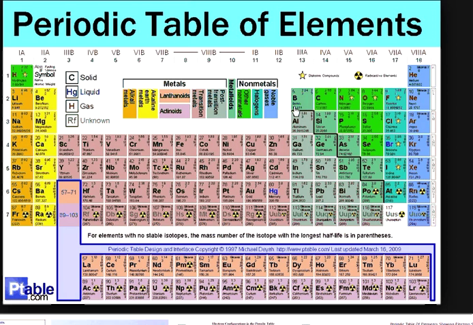Now, we're going to do it very simple here. What I'm going to have you do is just round this atomic weight. We're not going to talk about isotopes or anything right now. But if you round this off, like here's 12.0107, rounded to the nearest whole number would be 12. So we're going to say that the atomic weight of carbon, for one atom, would be 12. Now, remember we said that the atomic number up here tells us how many protons are in the nucleus.